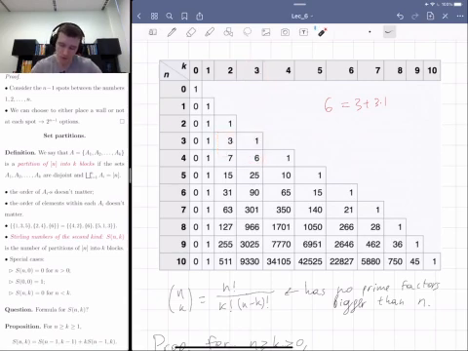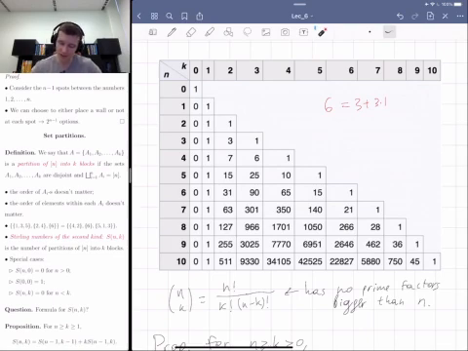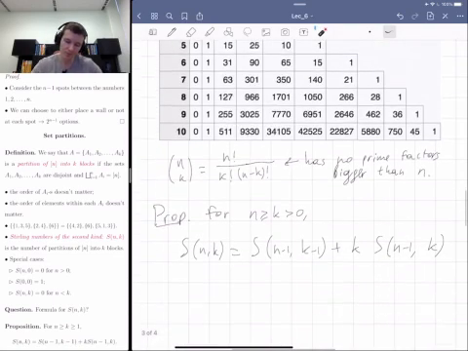Or 25 is equal to 7 plus 3 times 6. Yes, 7 plus 18 is 25. Or 65 is equal to 25 plus 4 times 10, which is also true. So that's the Stirling triangle.